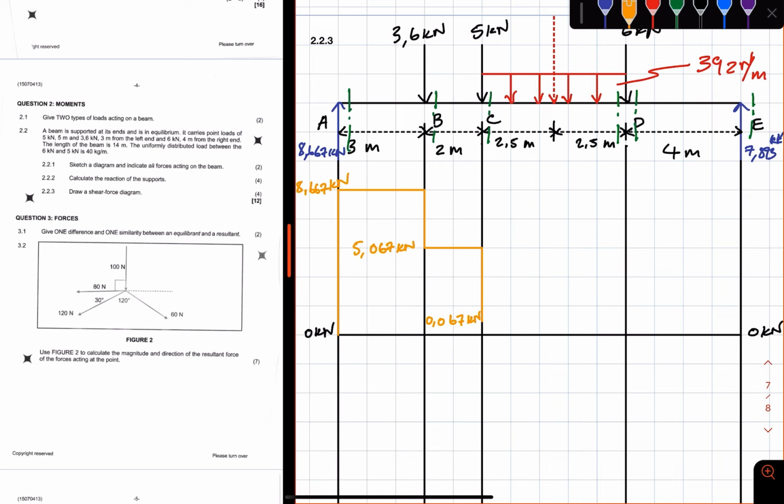That's forces up to section C. So now we go to section D.